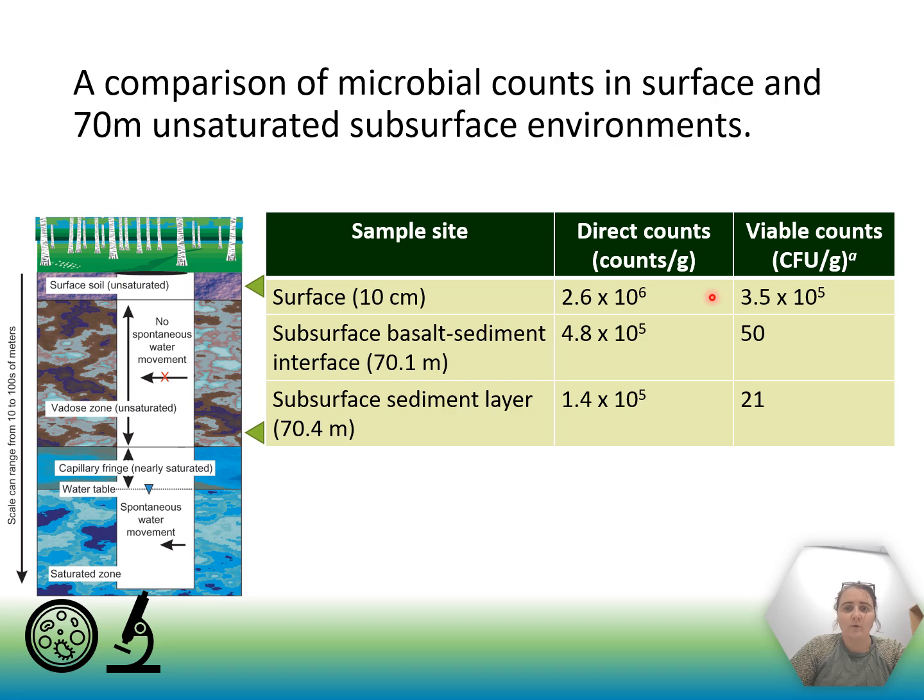You can see we're orders of magnitude, 5 orders of magnitude, or about 4, greater than what we start to see in the subsurface. So we're not necessarily seeing the culturable or the viable organisms here, viable meaning alive. But when we look at the viable counts, then we're seeing that bigger diversity and more viable organisms up in that top layer.